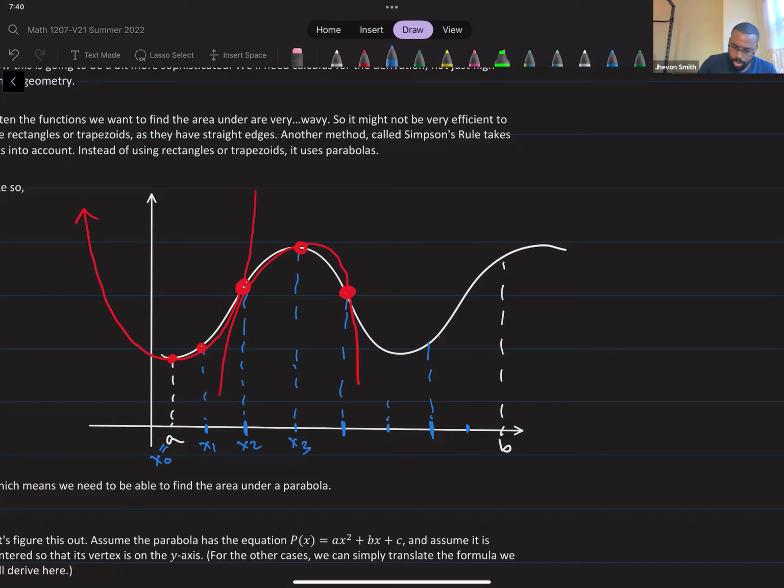And then you go over here, then you have this point, this point, this point. You construct a parabola passing through that. And then over here, split that interval in 2, you get this point and that point. Then you construct a parabola passing through that. And then what you do is on each interval, you find the area under that parabola that you constructed for that interval.